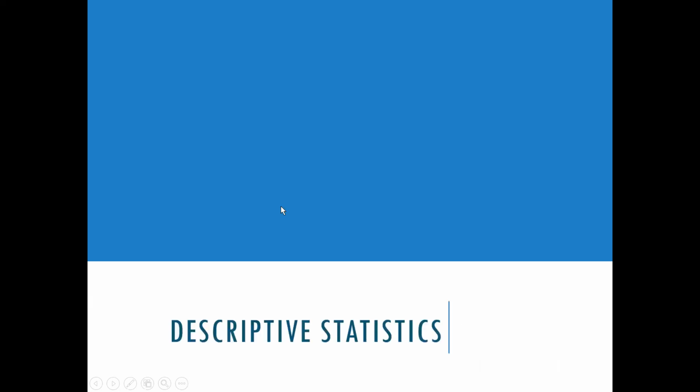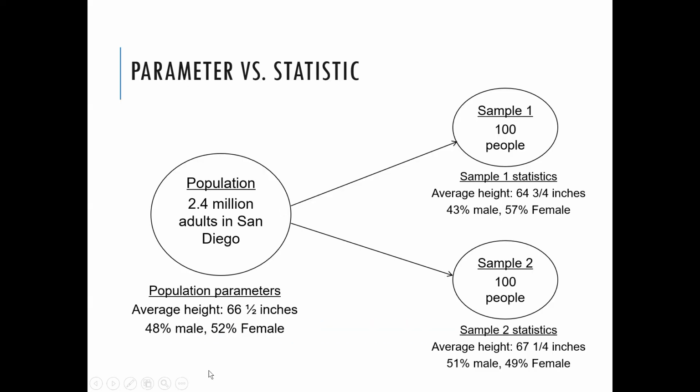In real life, we generally don't know the true values of these parameters. And so what we're doing, again, is taking samples from the population of interest and trying to estimate these population parameters.